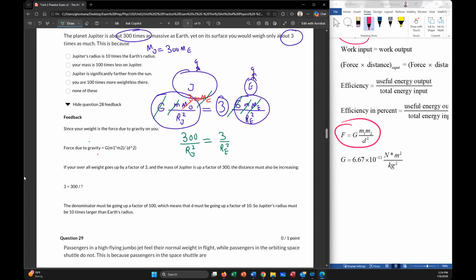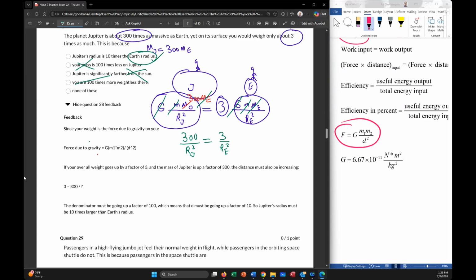This is the radius. This is talking about what? Mass. No, I don't see any relationship about the mass. This is talking about Jupiter being significantly far from the sun. Do you see anything related to the sun here? No, it's not the answer. You are 100 times more weightless than... No, it's not talking about the weight, so it's not the answer. Okay, what is the right answer?